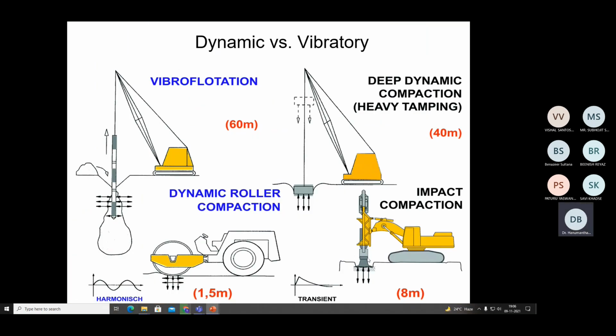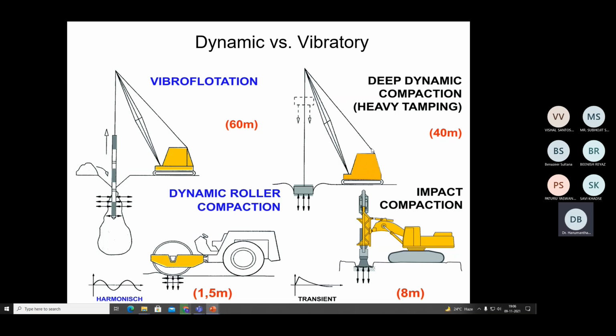Now this slide shows different techniques to densify the soil and their depth of improvement. For example, the dynamic roller compaction is suitable up to a depth of 1.5 meters and it produces some kind of harmonic vibration. If I want a little deeper, up to 8 meters, then I can go for impact compaction, also called intelligent compaction.